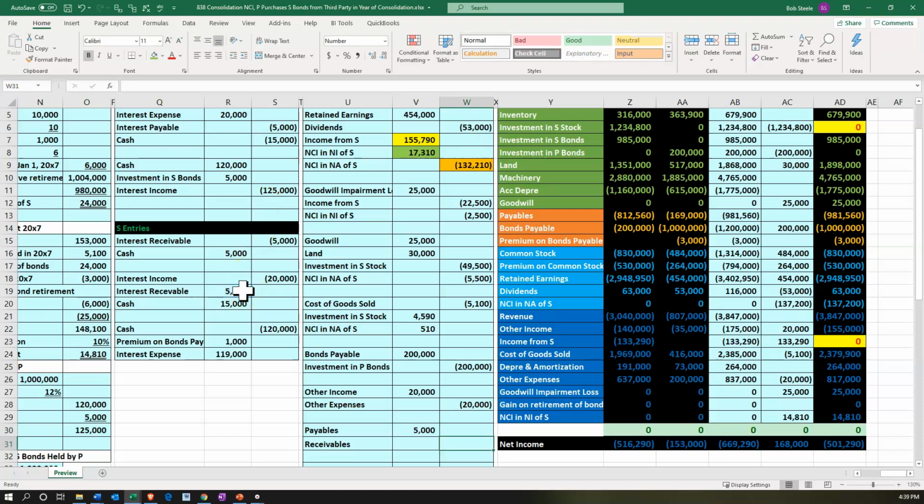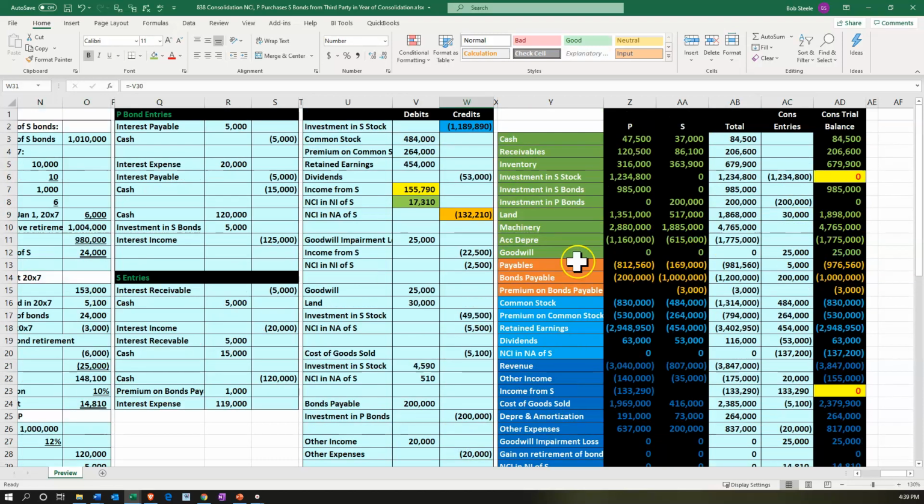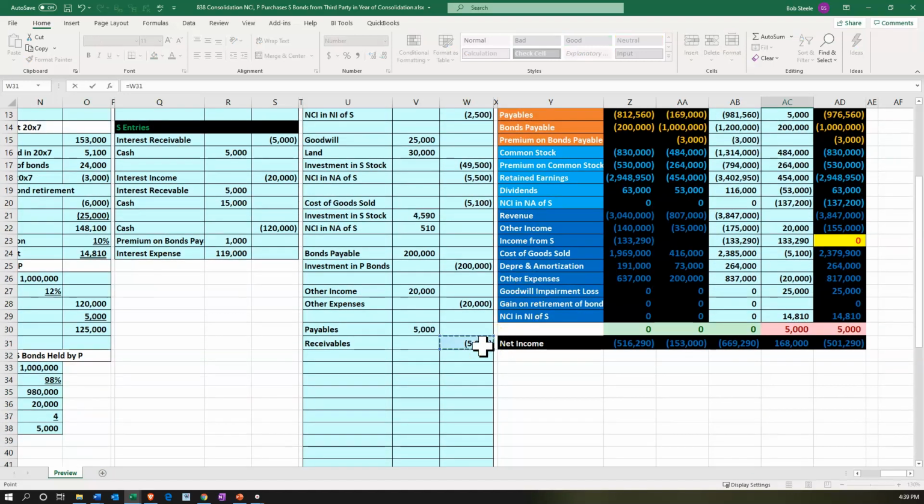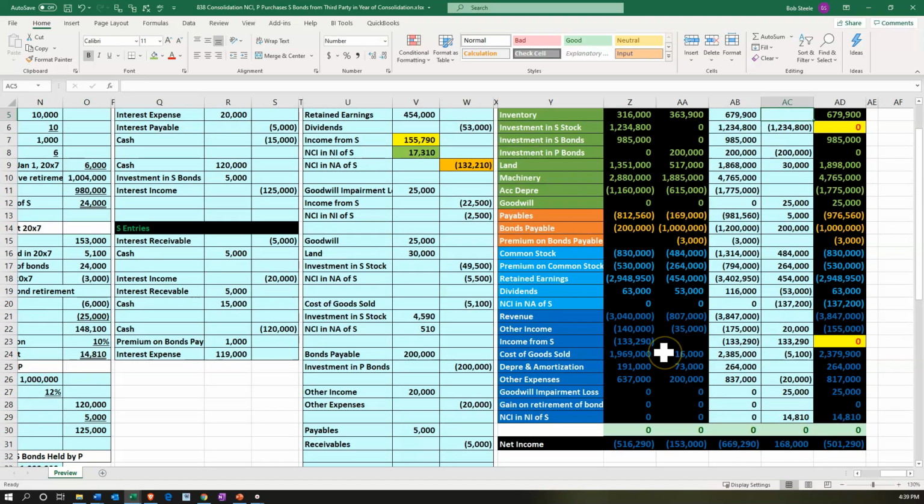So that 5,000 needs to be reversed because they're both overstated by that amount. So here's the payable. Payable is going to be reversed. So we're reducing the payable by the 5,000, and then we're going to reduce the receivable by 5,000 as well. So there we have that, and that'll bring us back in balance.